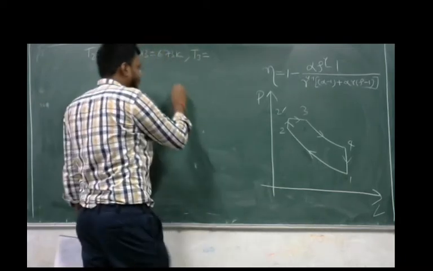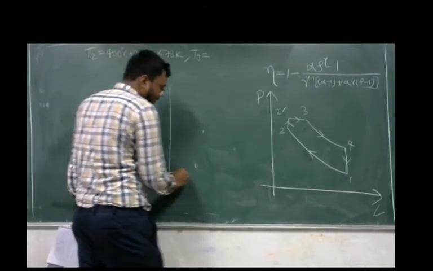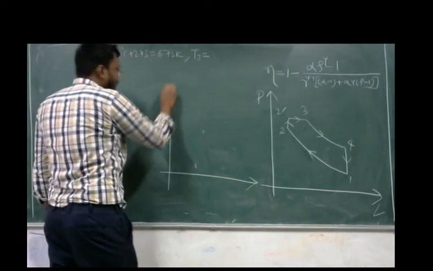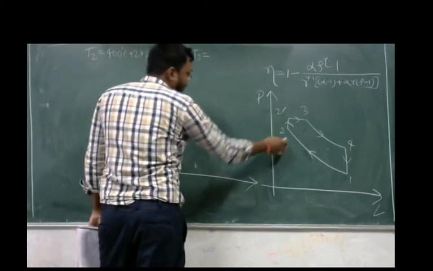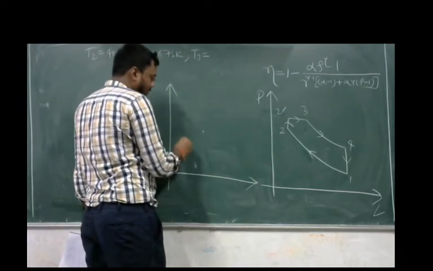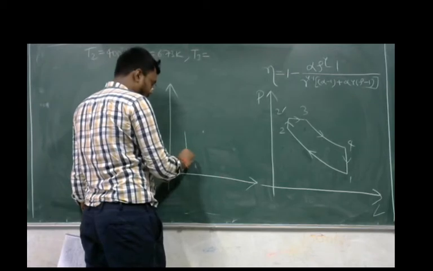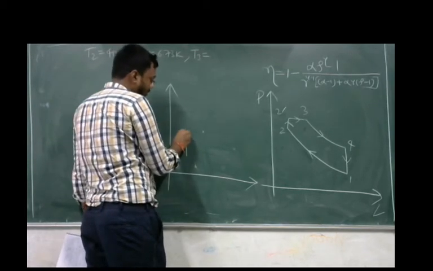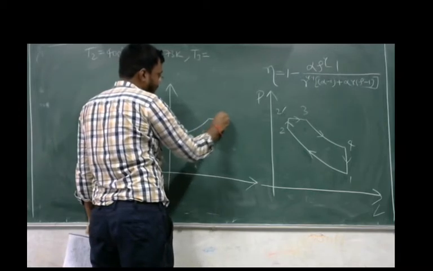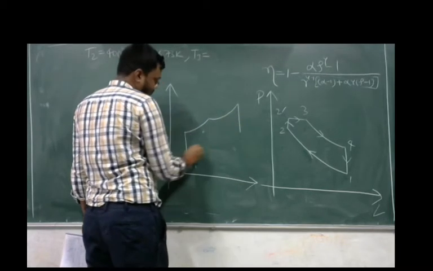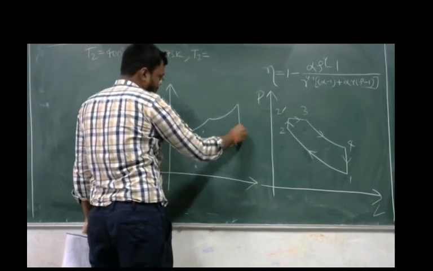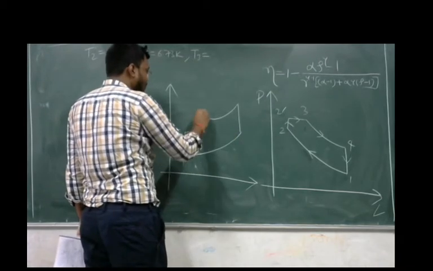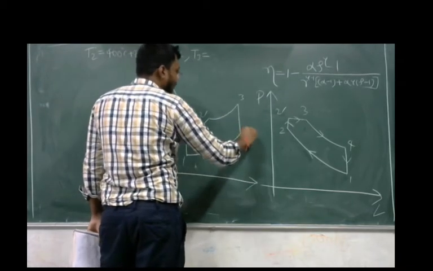So here I am drawing the TS diagram. How do you draw the TS diagram for the dual cycle? In the previous class we drew the TS diagram for dual cycle. It is like this: 1, 2, 2 dash, 3, 4.